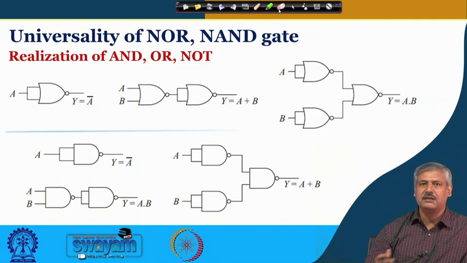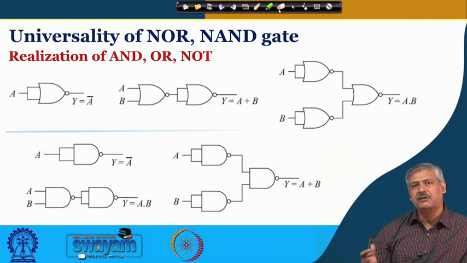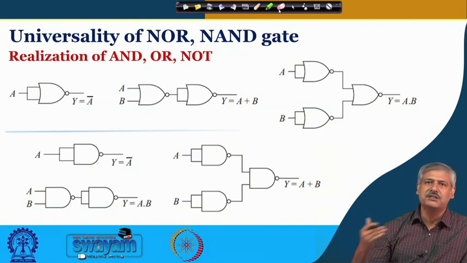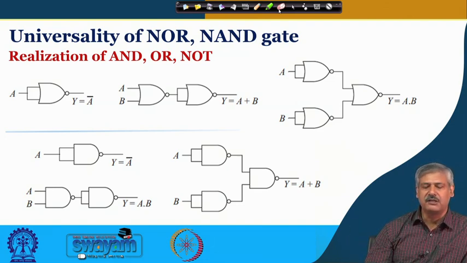That is the good thing about it. You can have only one kind of fabrication process, which is useful. Otherwise, AND gates and OR gates are different varieties with different circuitry, as we have seen before. With NAND you have only one kind of circuitry.